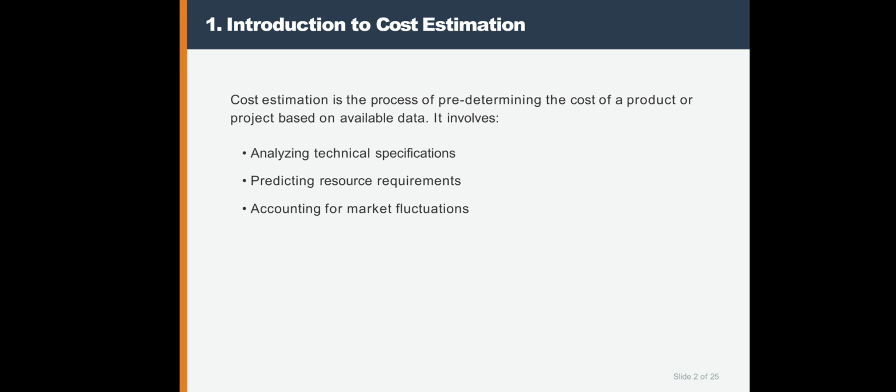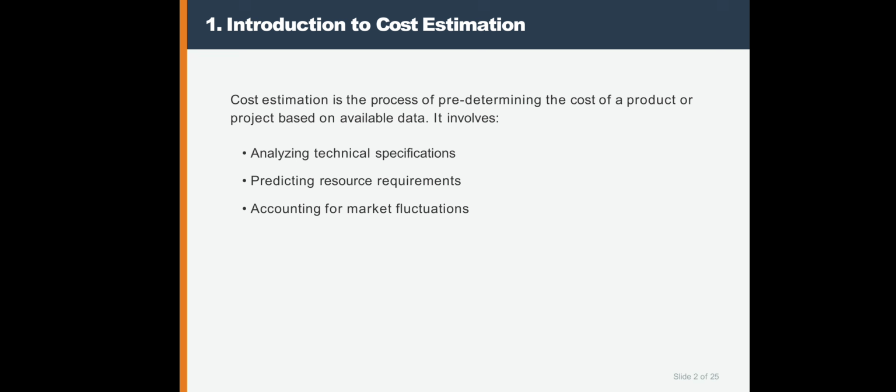So, cost estimation takes into consideration all expenditures involved in design and manufacturing, with all related service facilities such as pattern making, tool making, as well as a portion of the general administrative and selling expenses.